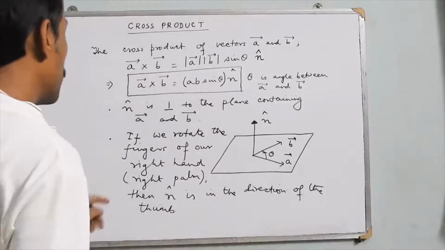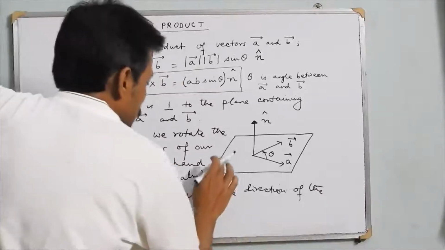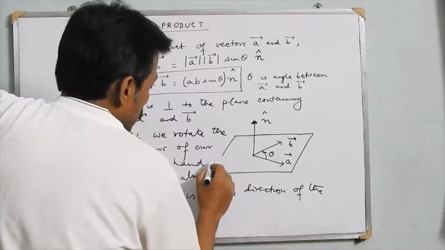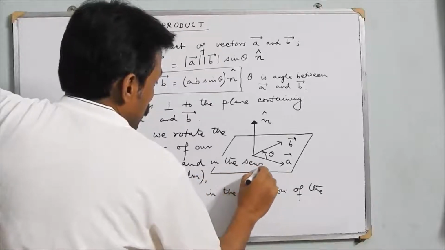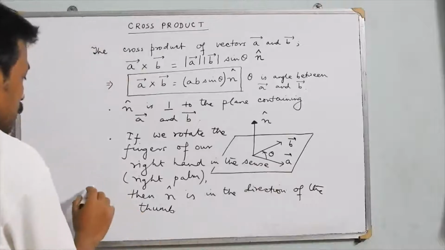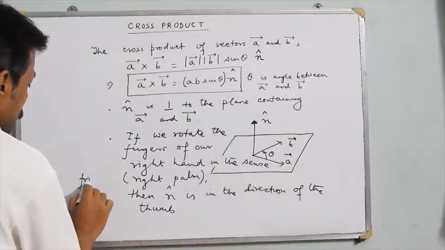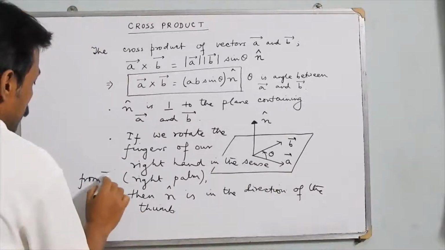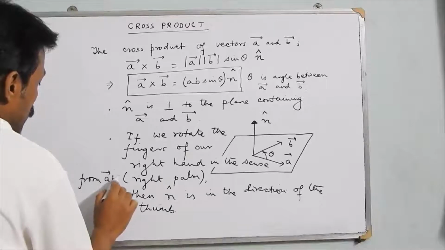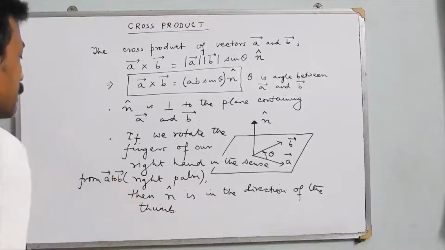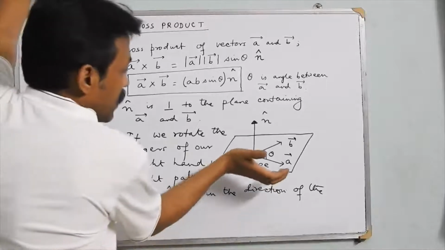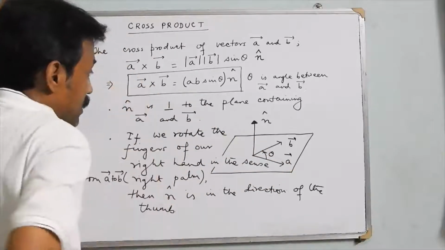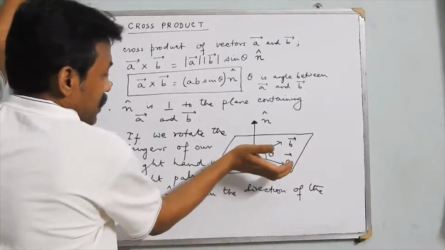So if you rotate the fingers of a right hand in the sense from A to B, from A vector to B vector, then n hat is in the direction of the thumb. So that means I am using the right hand rotation rule.